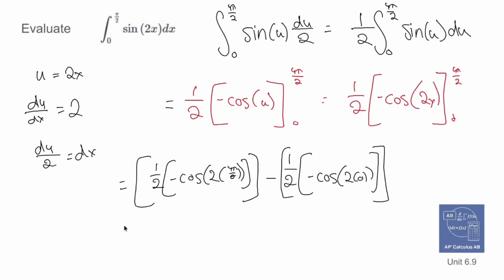Okay, you become 1/2 times negative cosine of regular pi, minus 1/2 times negative cosine of nothing.